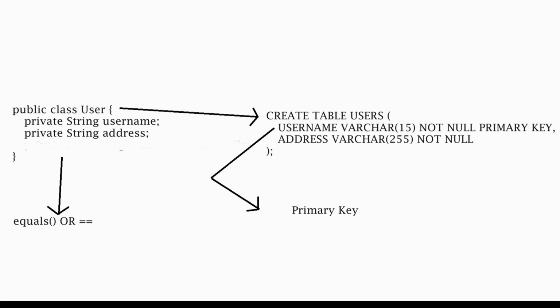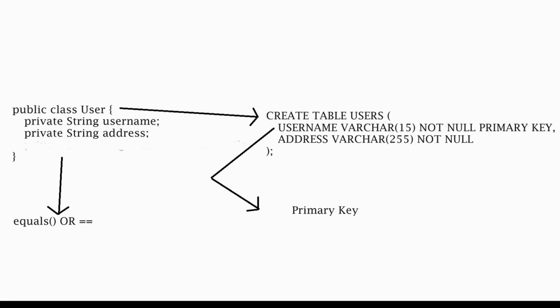But think about this. Suppose tomorrow another user comes and says he wants to use your system. So you will try to insert his details as well. Suppose the third user has the same username as the first user, that is user 1.